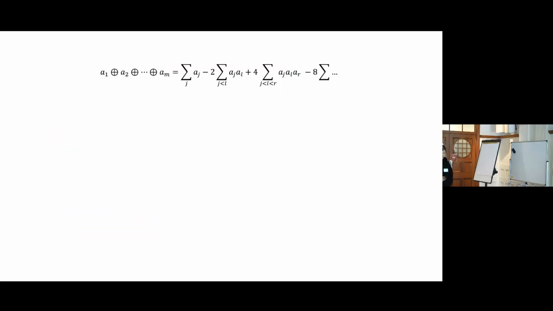So this is enabled by this very powerful identity. Let me explain it a bit. On the left-hand side, A1 to AM are binary variables. They take values 0 and 1, and then you are XORing them. So the left-hand side will be a value 0 or 1. But on the right-hand side, you are taking multiplications of these binary variables.